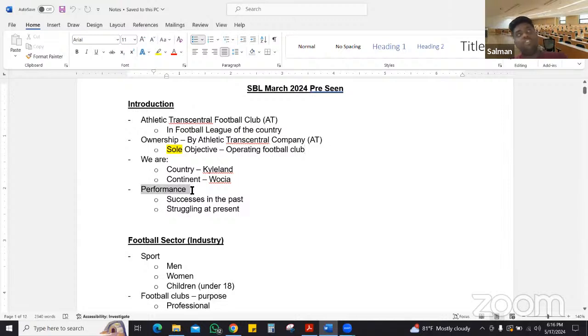And the performance of the company is evaluated based on many factors, where we identified that in the past they had many successes, but at present they are struggling. Okay? So typically, if you look at performance, we always think about revenue and profit. And if you take an industry like football, professional football clubs, their revenue and profit depends on many factors.